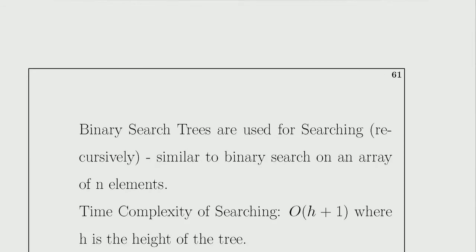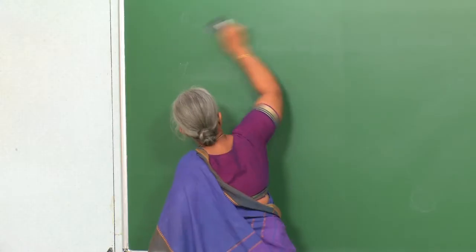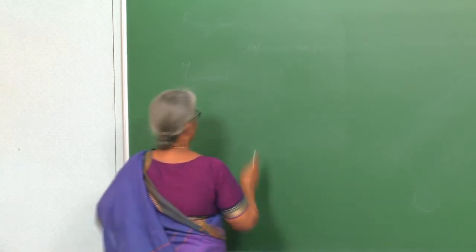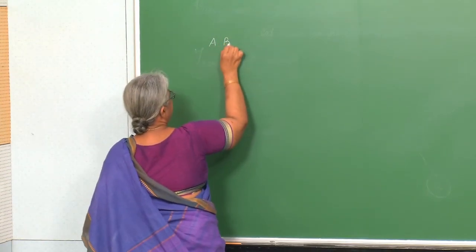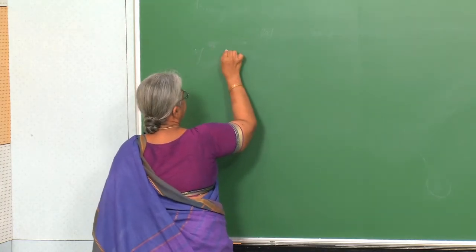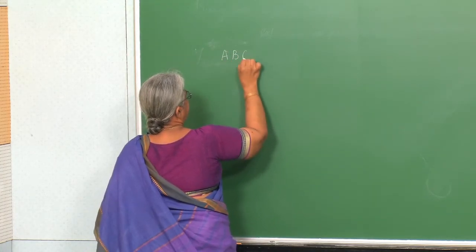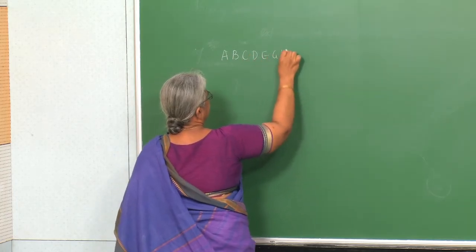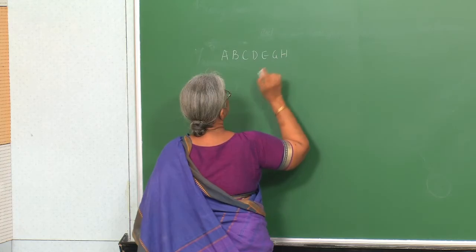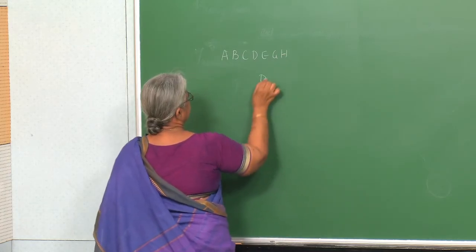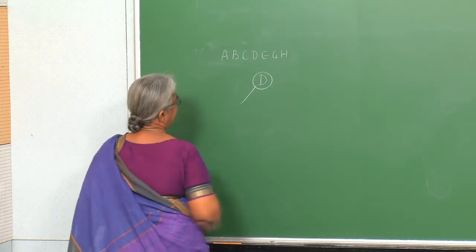Now, let us take an example and see how this will look like. Let us take the same letters of the alphabet. Notice that all the keys are unique.